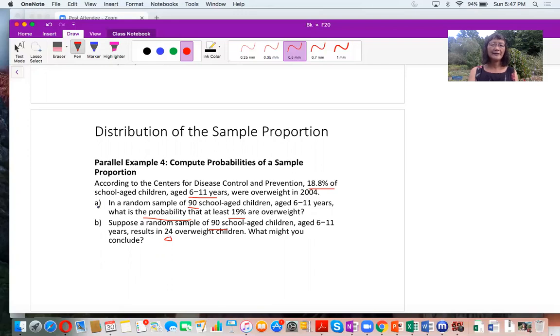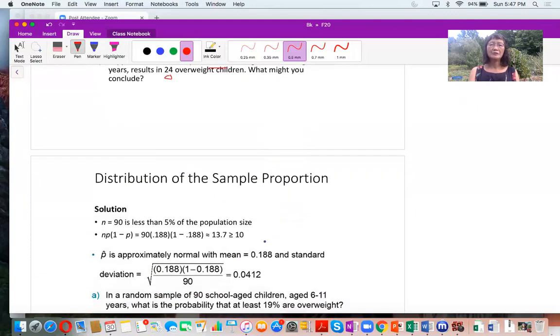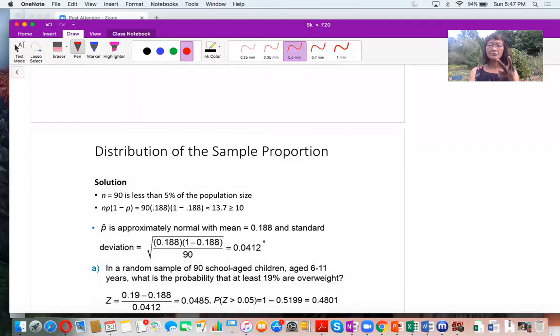So let's do question 1 first. You are given the population proportion p equal to 18.8%. And the question asks you to calculate the probability of at least 19% being overweight. Before you do the calculation, verify two conditions. Number 1, make sure the sample size is less than 5% of the population size.